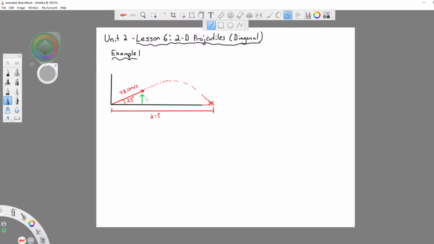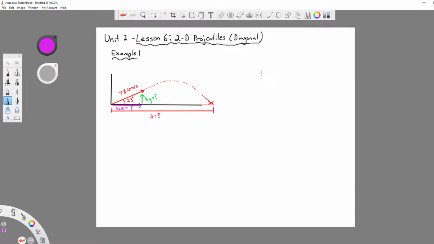Okay, so we'll call this VIY. VIY, and that we don't know yet, but we can solve really quickly. We also have initial velocity in the x direction. So sketch that one under here. We'll call that VIX. We also don't have that, but we'll solve it really soon.